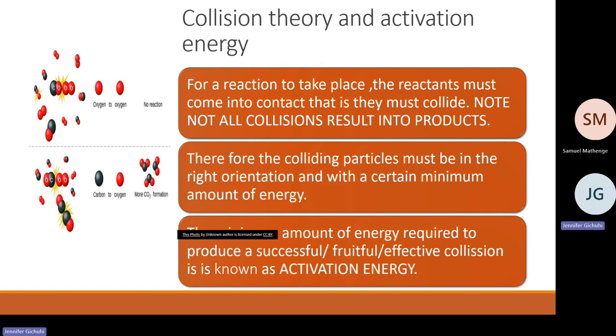Now, the minimum amount of energy that the reactants must have in order for them to give a successful collision, or an effective collision, you can use either of those terms, is known as activation energy. So we are saying that a successful or effective collision is the one that will result into products.